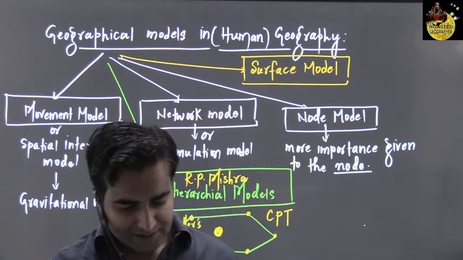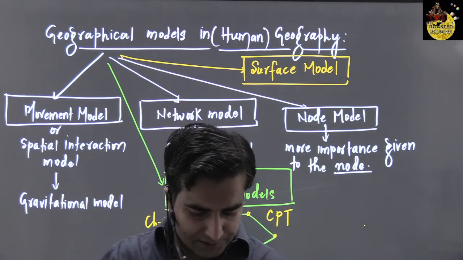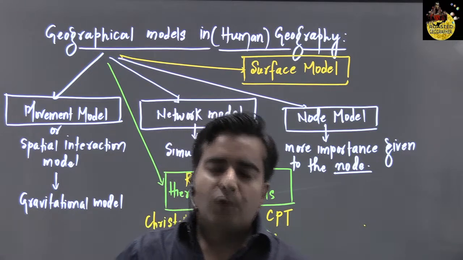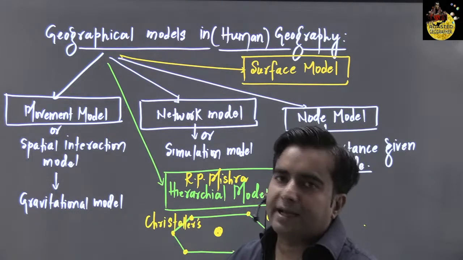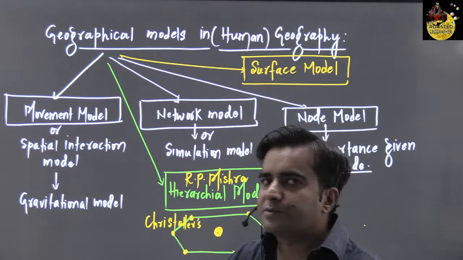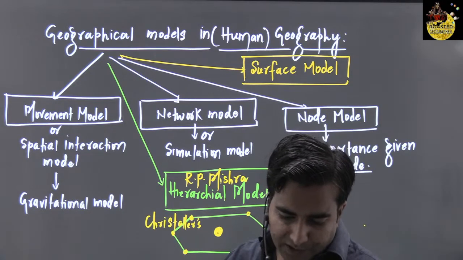Okay. So surface model. This is the model which focuses on the man and environment interaction. Okay. All forms of different interactions that man and environment have, it focuses on that.